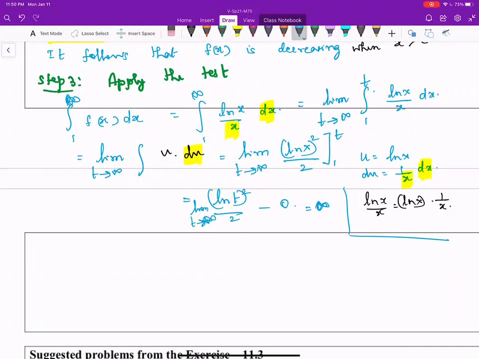This would be an infinity, which means that the improper integral diverges, and therefore the given series would also diverge.